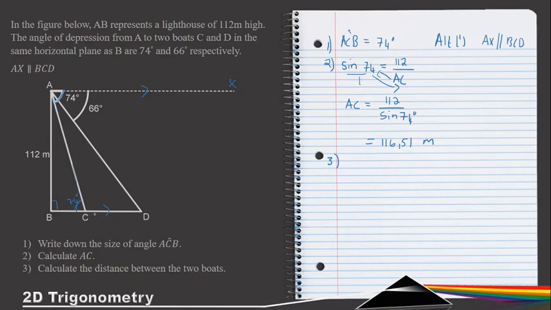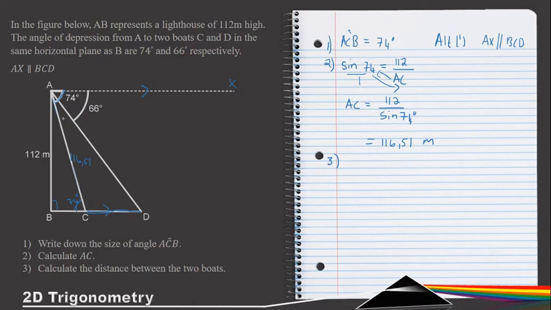Then finally for question 3, calculate the distance between the two boats. So our two boats are C and D, and that means this distance between them. Now, since we know this is 116,51, so this is known, and we need this side.